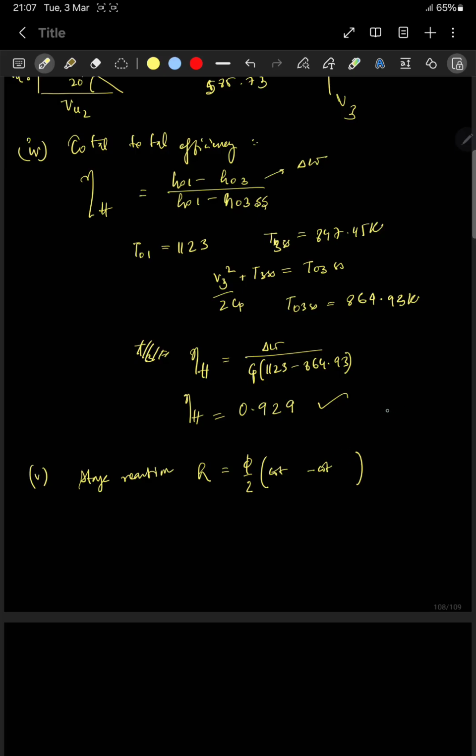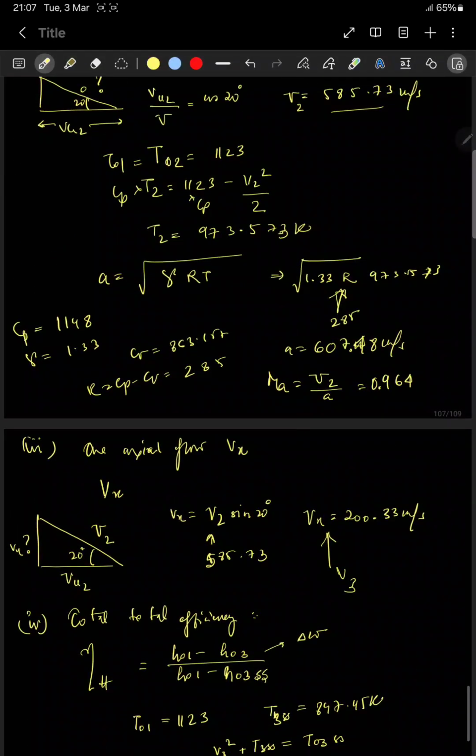So this is the turbine. This is V1. This is W1. So this will be beta 1. So beta 2.